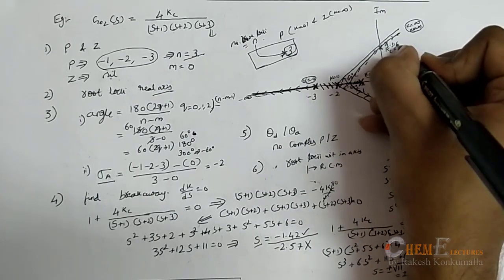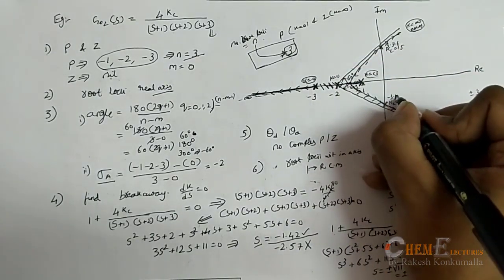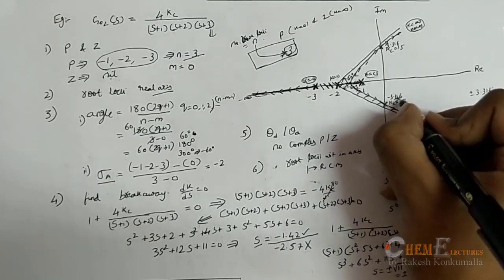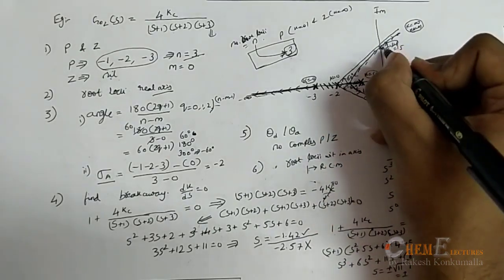This is the point of intersection between the root loci and the imaginary axis. This will be my step 6.